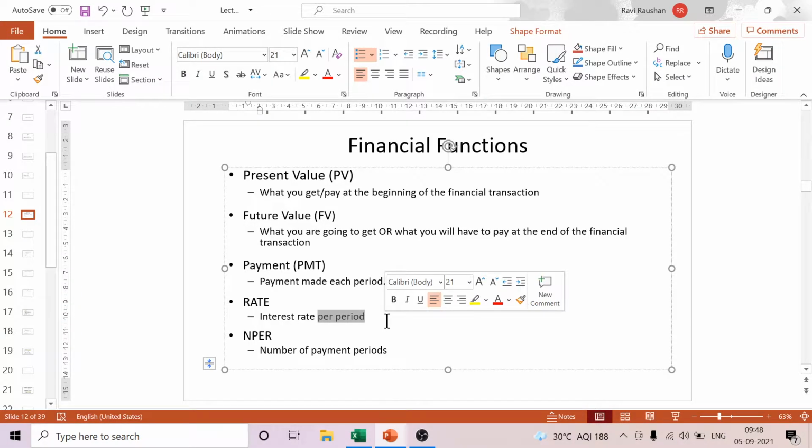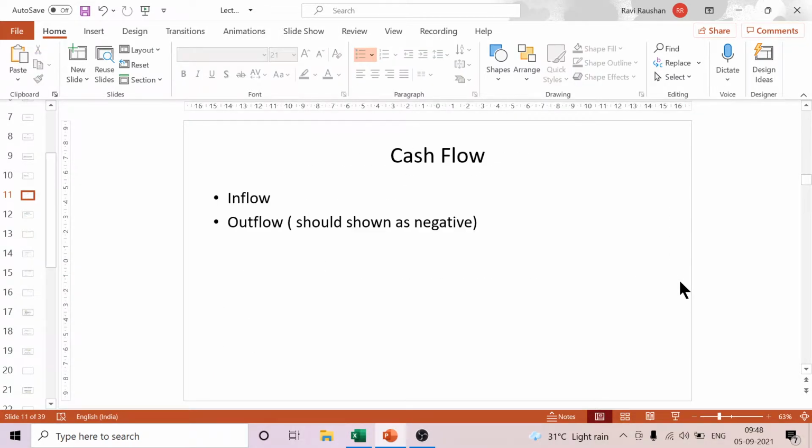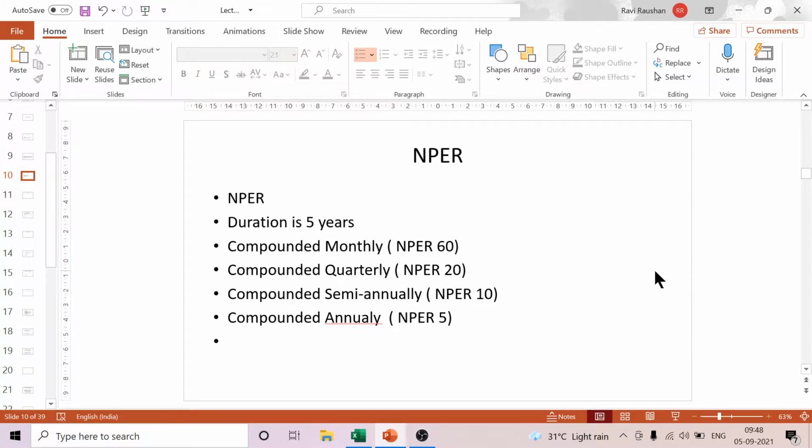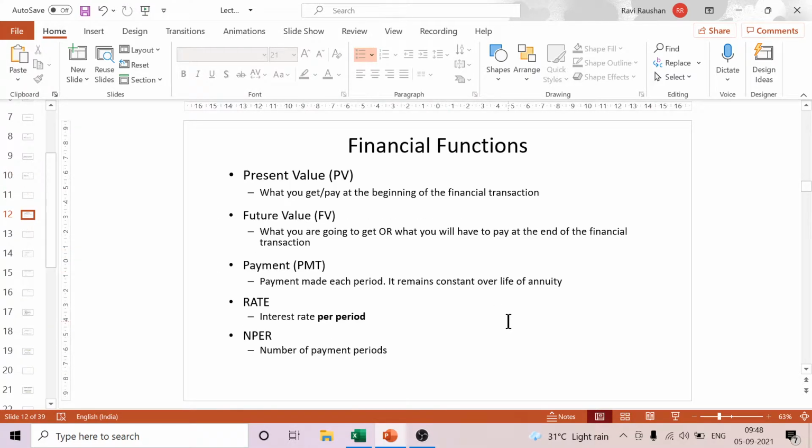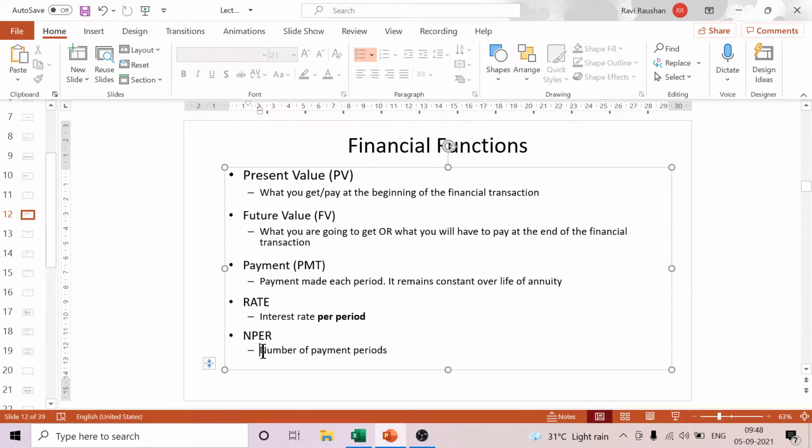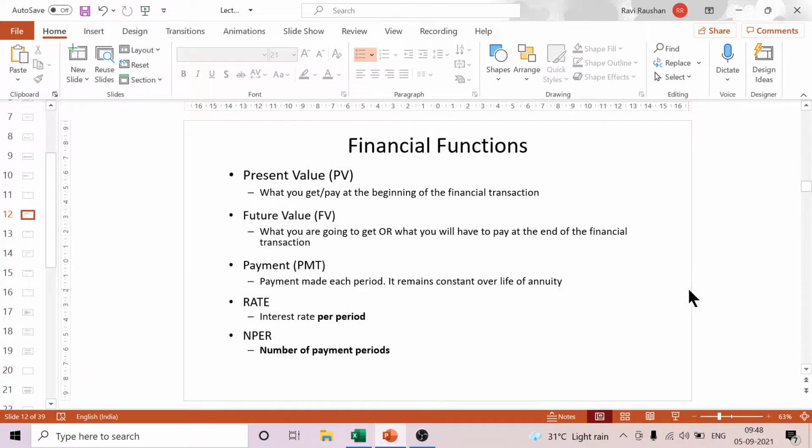This is very important. It is not annually we are talking about, it is per period. Per period, I mean this NPER. This rate. Okay, and this is the NPER, number of periods. So you'll have to calculate the number of periods. If the annual rate of interest is given, we need to convert it into a rate per period.